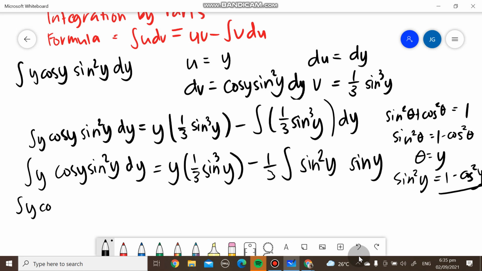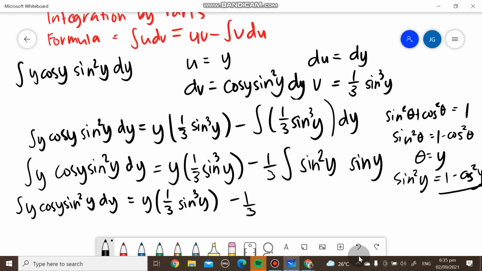The integral of y cosine y sine squared y dy is equals to y multiplied by 1/3 sine cube y minus 1/3 the integral of 1 minus cosine squared y multiplied by sine y. Okay?